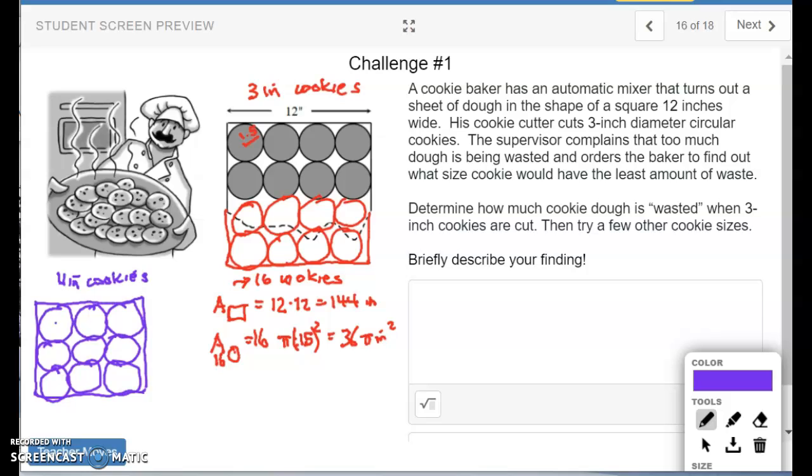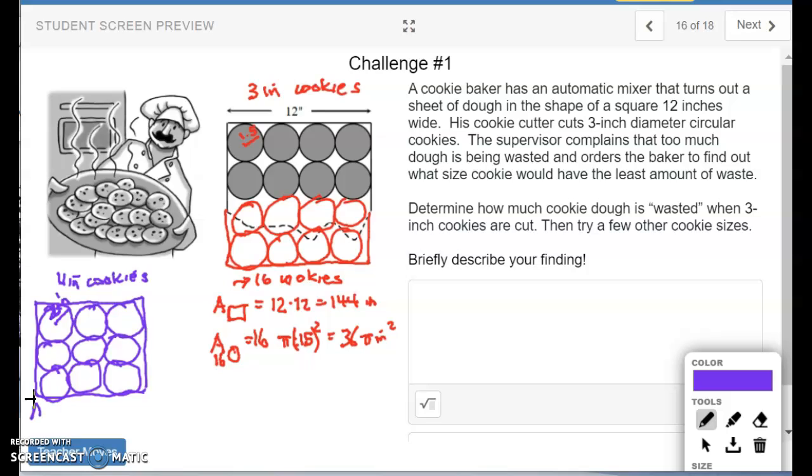The diameter is 4 inches, so the radius is 2 inches. There will be 9 cookies.